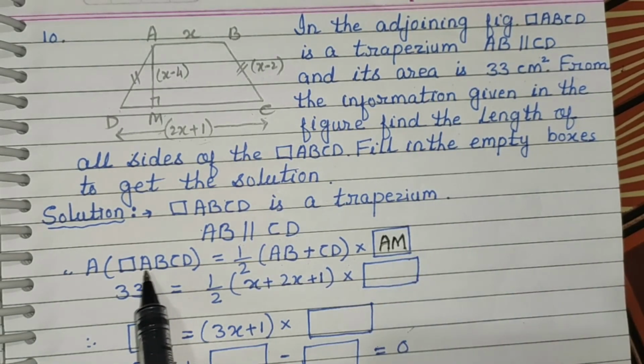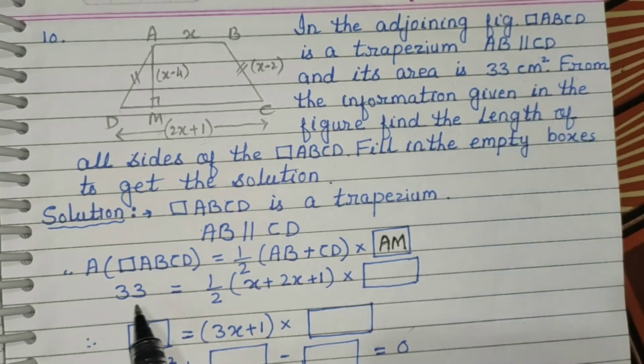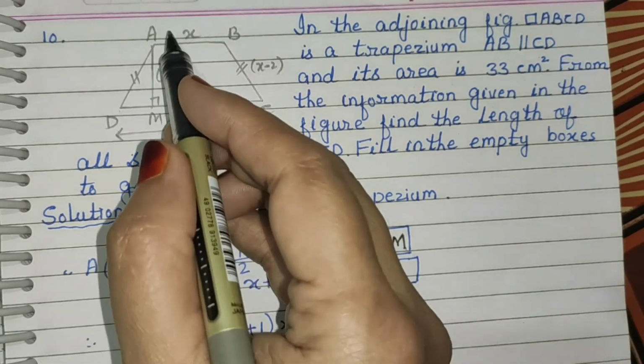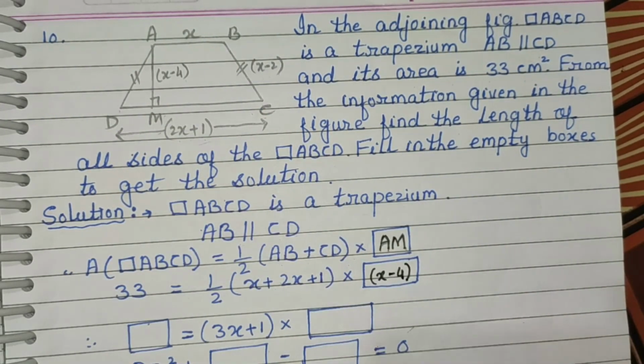Now, substituting the value, area is given which is equal to 33. 33 is equal to 1 upon 2 into AB. Now, value of AB is x. Write down here x plus CD. Now, the CD is 2x plus 1 into AM. Now, the value of AM is x minus 4.